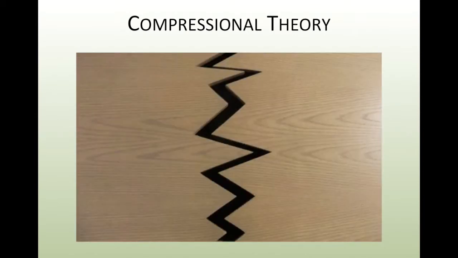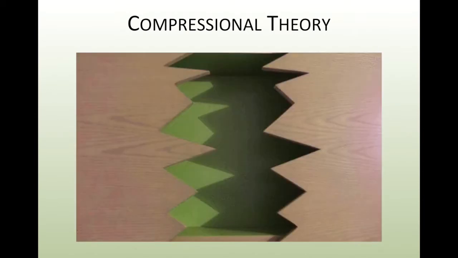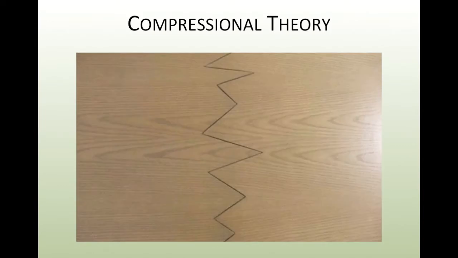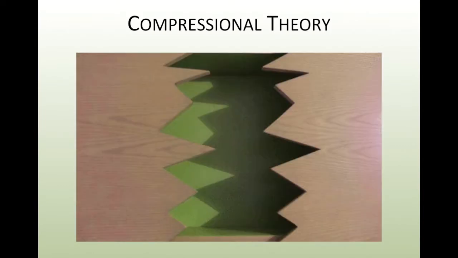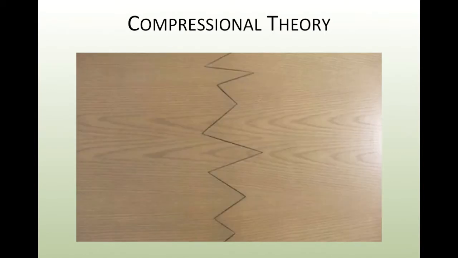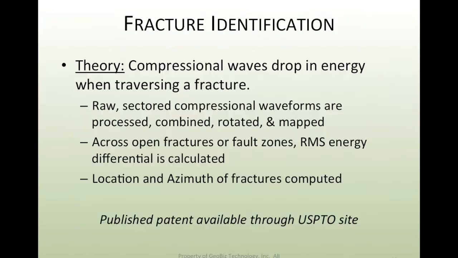However, if there was a big crack in the middle of the table, there would be a large drop in energy when traversing that crack, and the person at the other end of the table would feel a much more dampened energy. So the theory that we based our algorithms around is that compressional waves drop in energy when traversing a fracture.